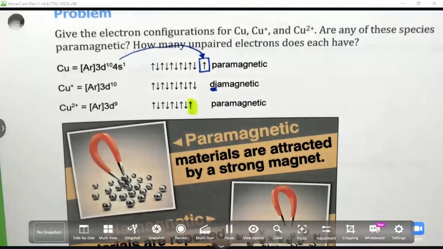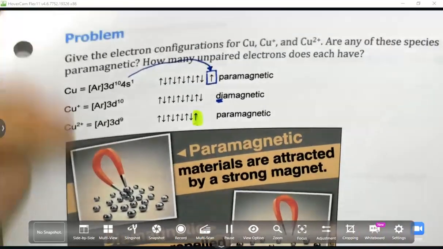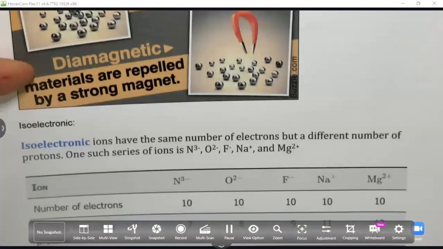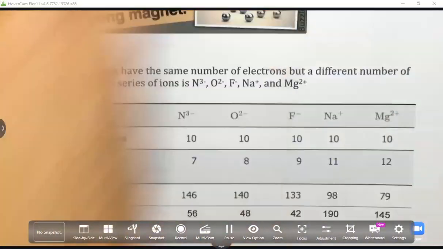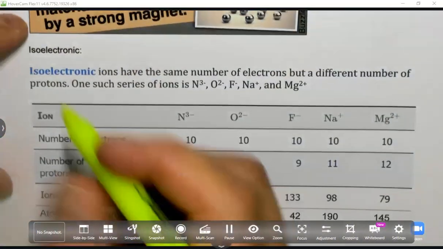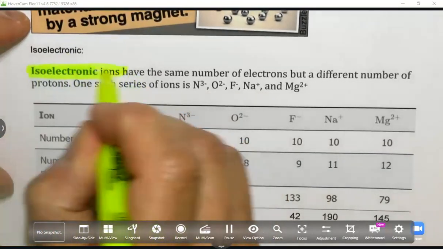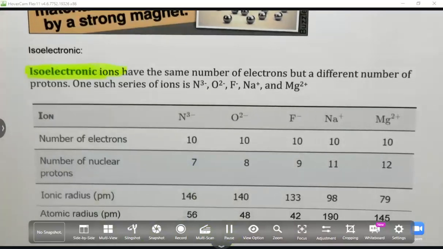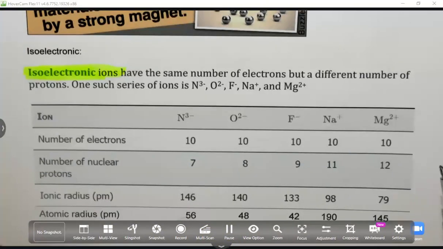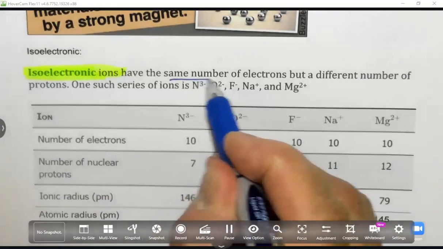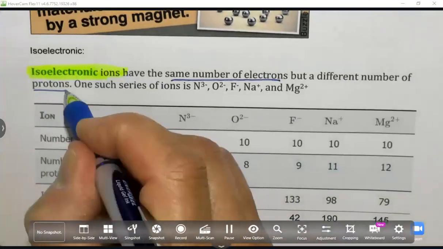Okay. Now, this concept here is the problem I believe we just did. This concept of isoelectronic. Same number of electrons, but a different number of protons.